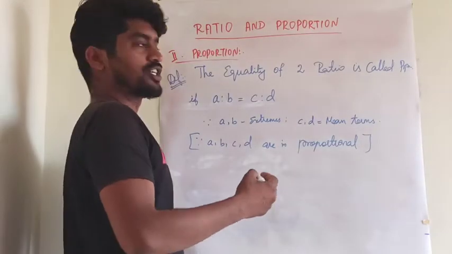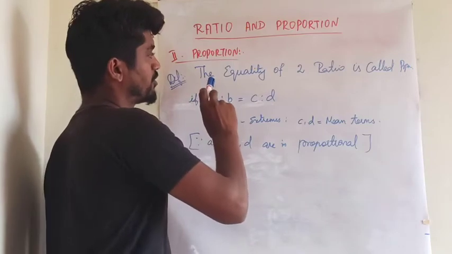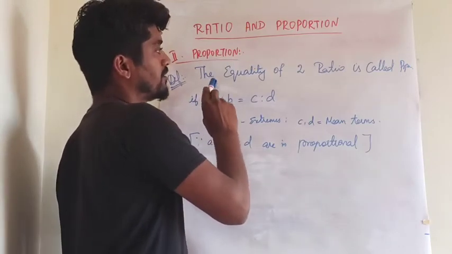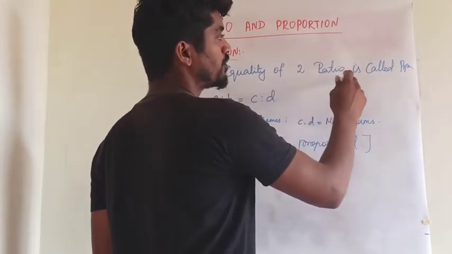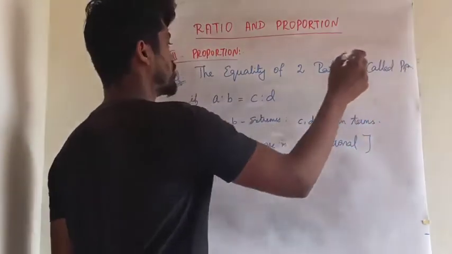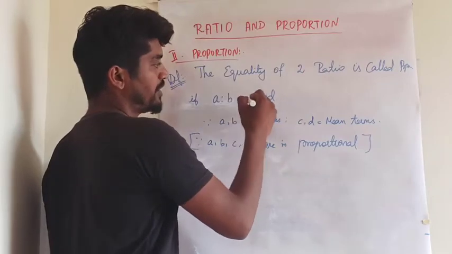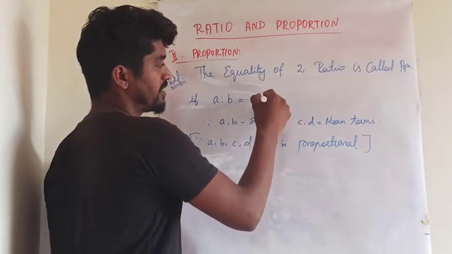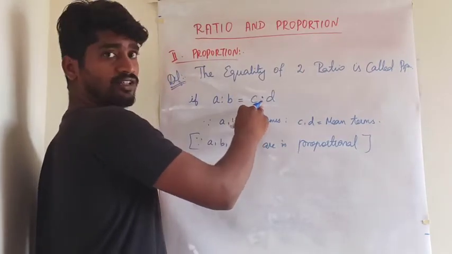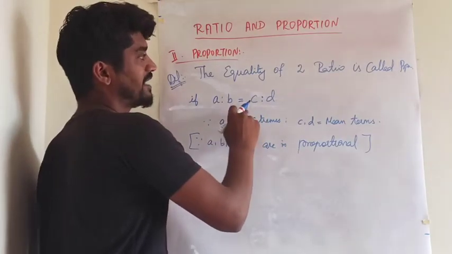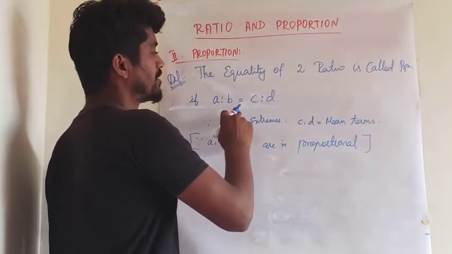Next, proportion. The definition of proportion is that the equality of two ratios is called proportion. Here the ratios are considered as A is to B and C is to D. There are two ratios which are equal, so it is called proportion.